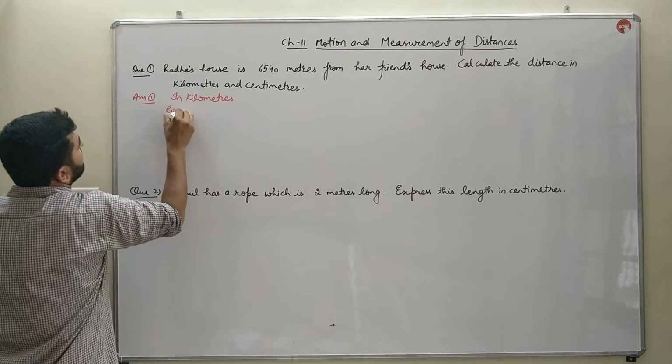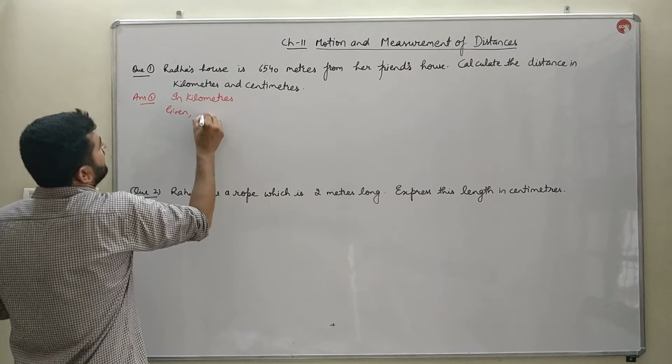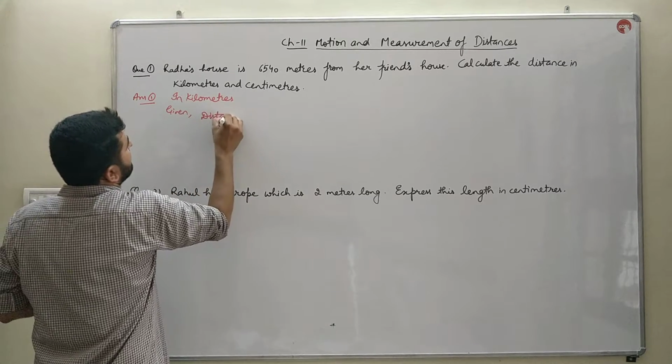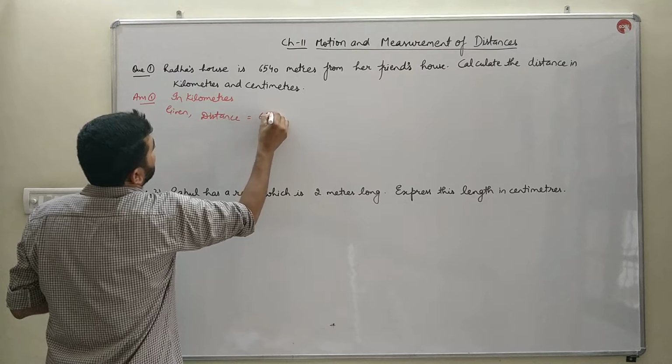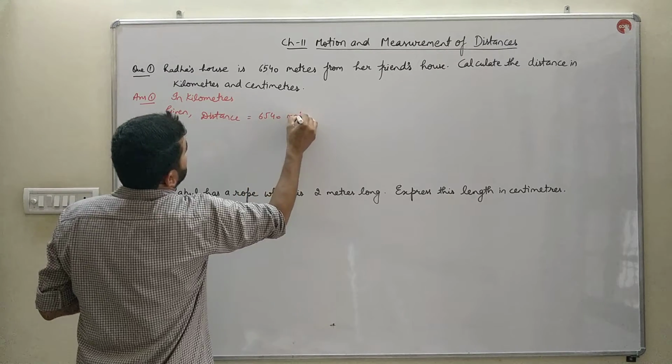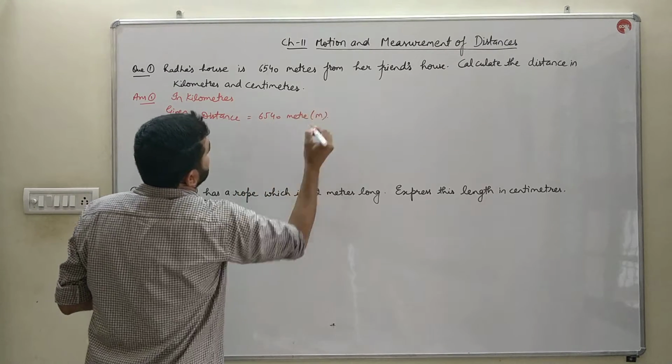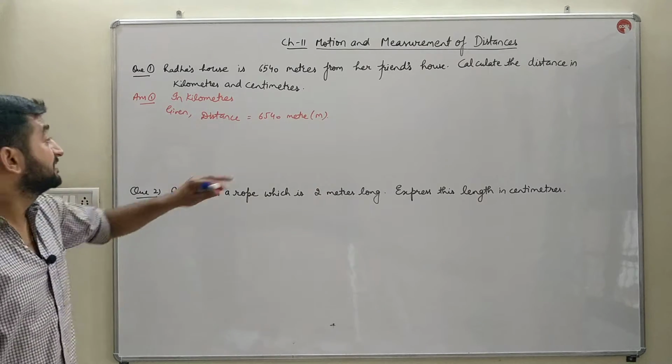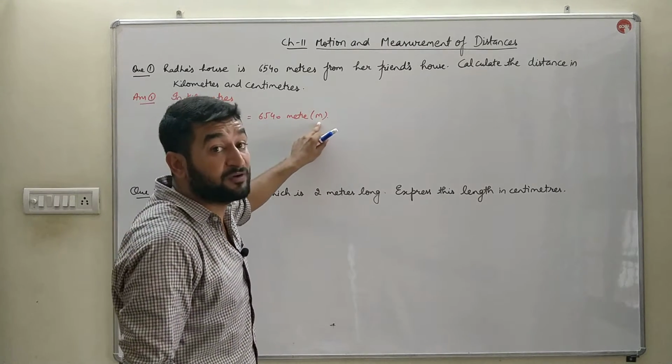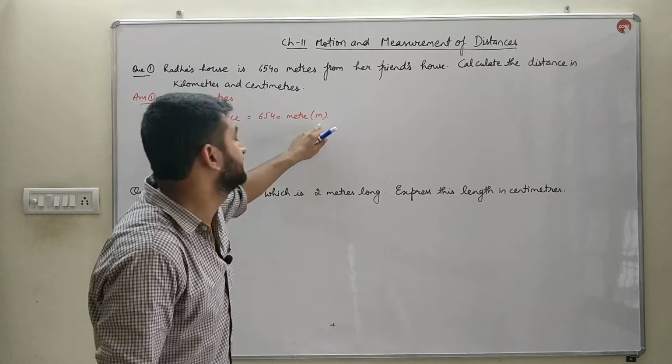What is given to us? The distance, and that distance is given to us in meters, as the symbol is never written in the plural form and always written with a small alphabet.